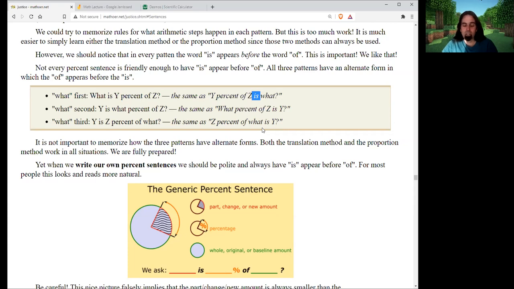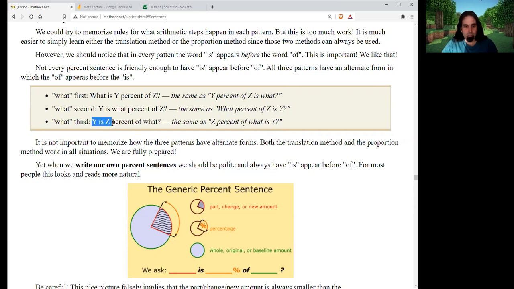It's also true that I can always rearrange things so the of happens before the is. It's legitimate English language, but it sounds a little bit too much like Yoda. What is 50% of 100? I'm sorry, 50% of 100 is what? Or I could say 50 is what percent of 100? What percent of 100 is 50?